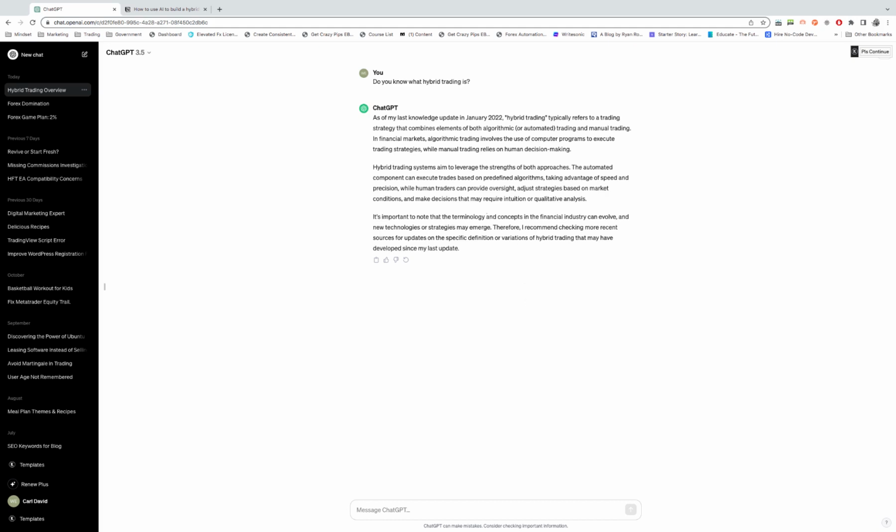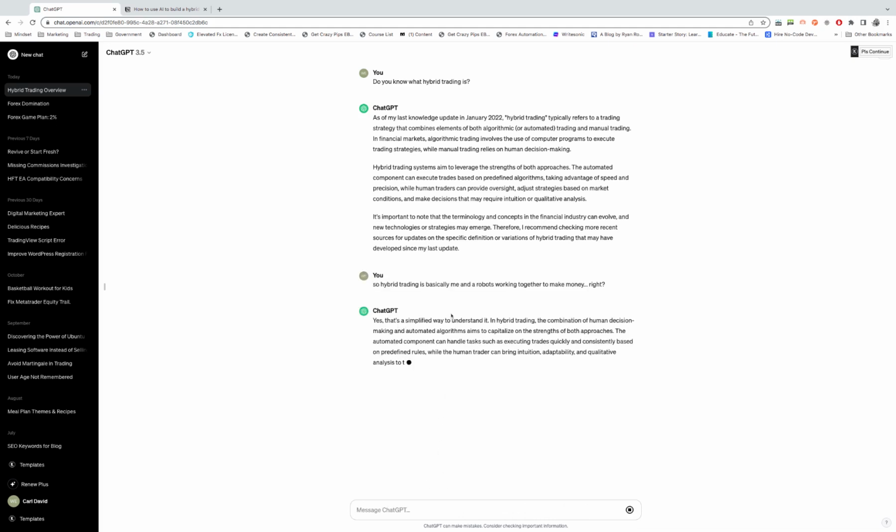It's important to note that the terminologies can evolve, but this is basically it. And you can even ask it, so hybrid trading is basically me and robots working together to make money, right? Yes, that's a simplified way to understand it. In hybrid trading, the combination of human decision-making and automated algorithms aims to capitalize on the strengths of both approaches.